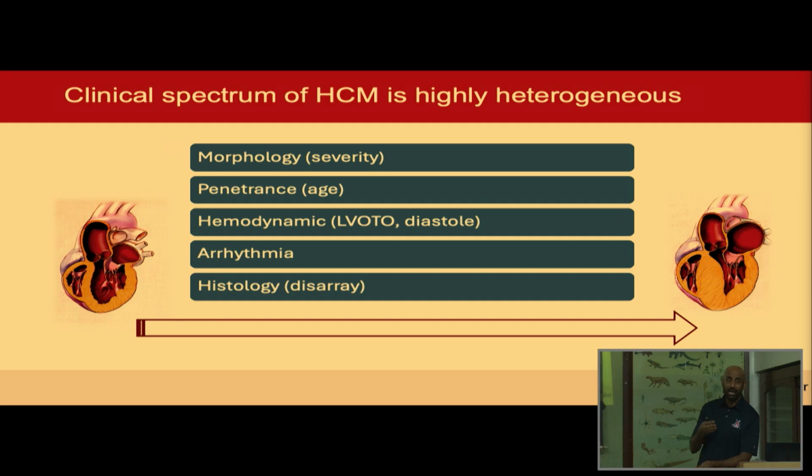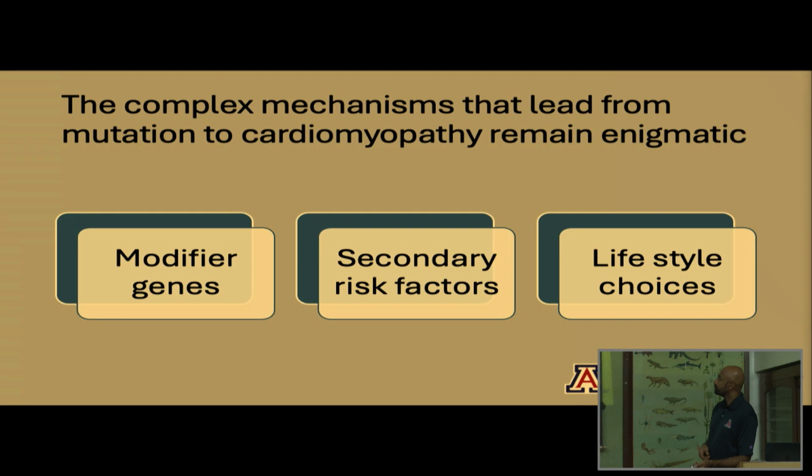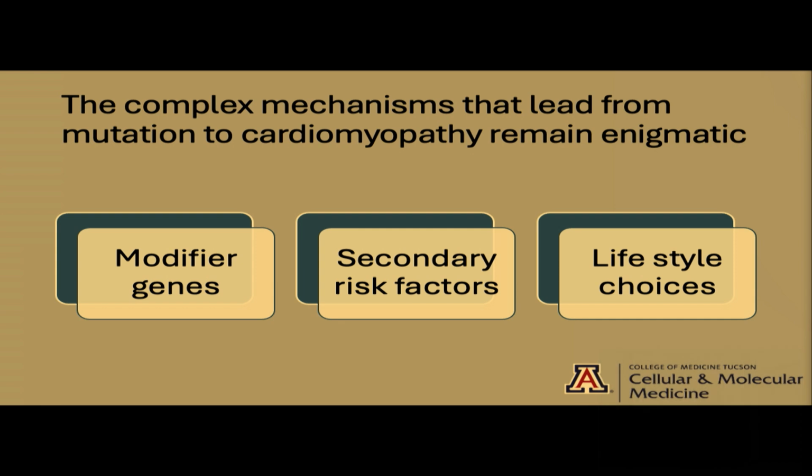It's kind of what time in your life the disease can develop or show the symptoms, and then cardiac arrhythmias, histology, all these aspects. Then we also covered the modifying genes, secondary risk factors, and lifestyle choices. Again, we don't know how these interact in disease development, and there are a lot of things to be learned.